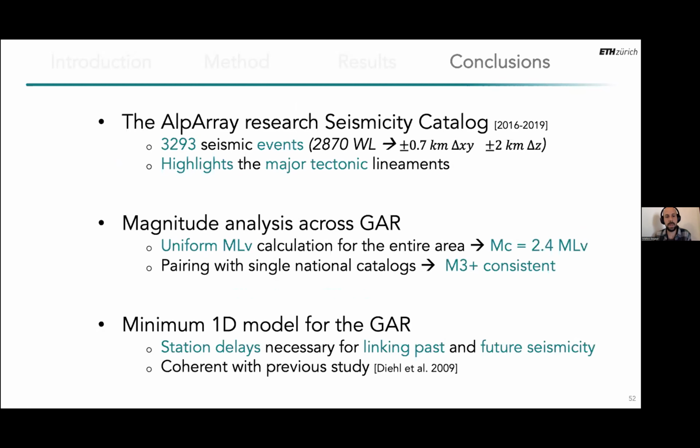Again, at the end, the minimum 1D model and the station delays are maybe also the most important tools to link past and future seismicity with the same consistency of our catalog, providing then a useful data set to improve the seismic hazard mapping in the area.